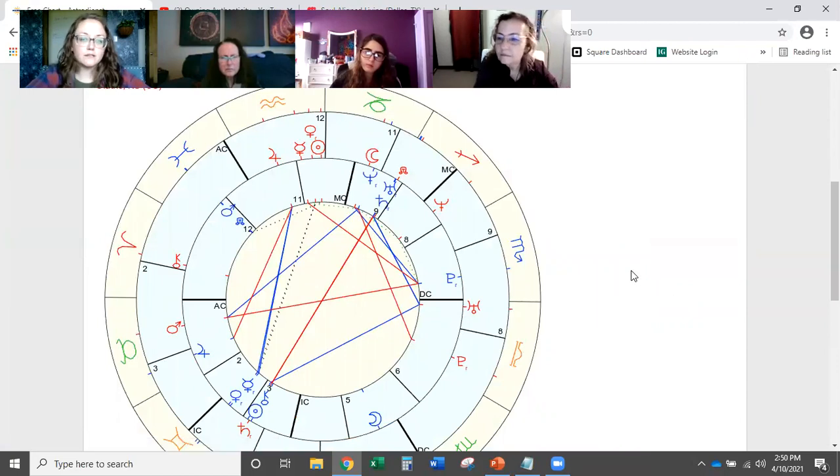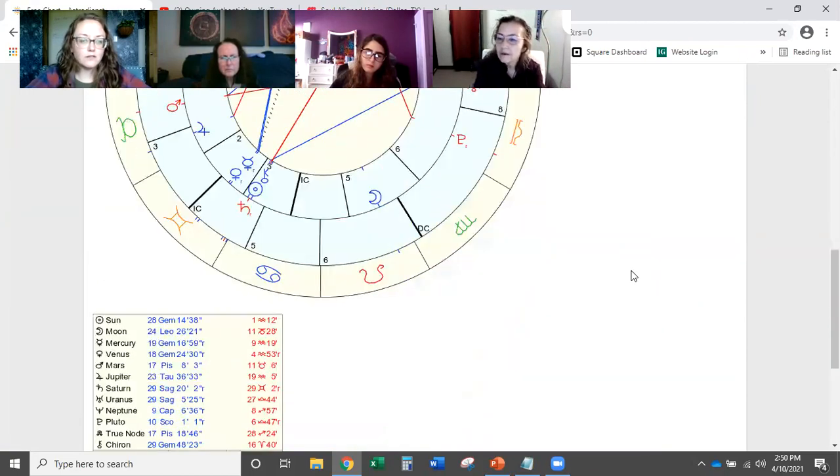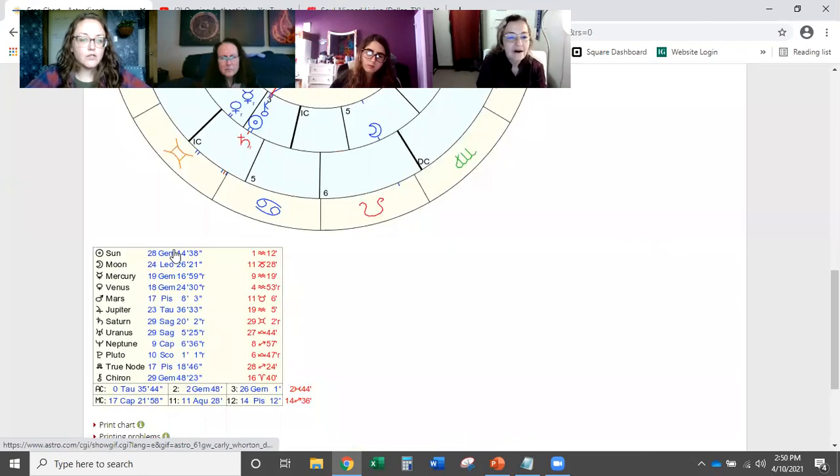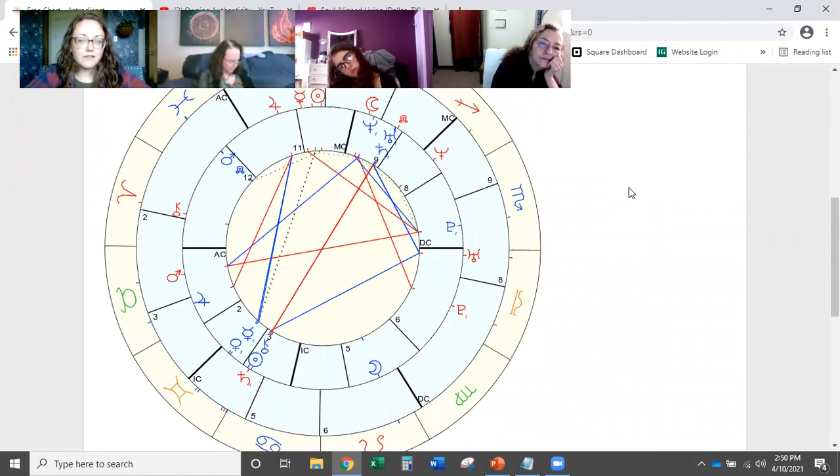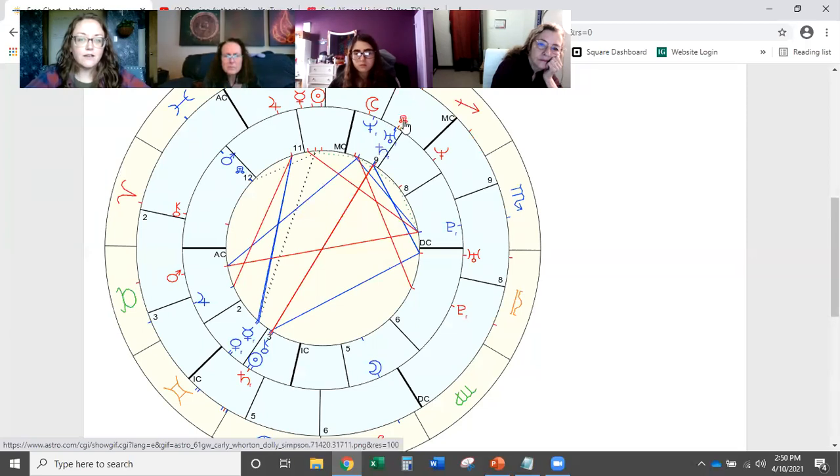So if you look down here, you see one person's placements are the blue and the other person's placements are the red. And then you get to see how everything matches up. In this particular Synastry chart, I am drawn to a couple things, like right here, where Dolly's North Node is at my Uranus and Saturn.